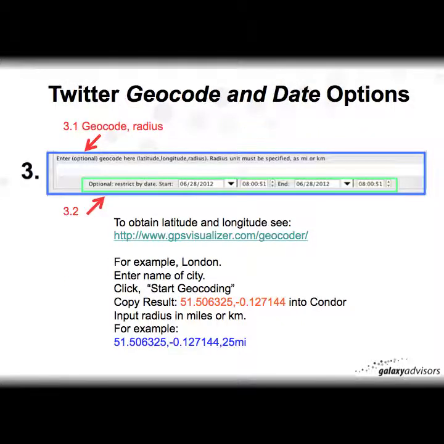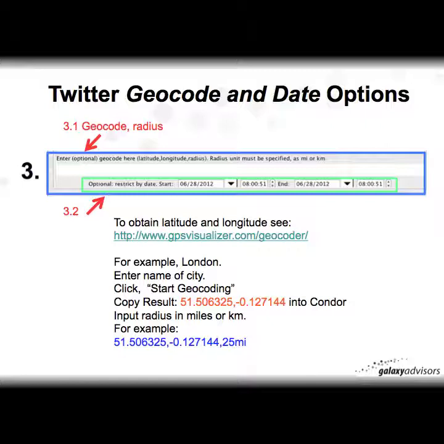The third option is that you can use the form to geocode or select dates. So for example, if you want to collect or harvest the tweets around a particular city within a given radius, we have a URL called www.gpsvisualizer.com/geocoder. If you go to that URL, you can enter in a city name such as London, click start, and then it's going to give you the geocode coordinates.